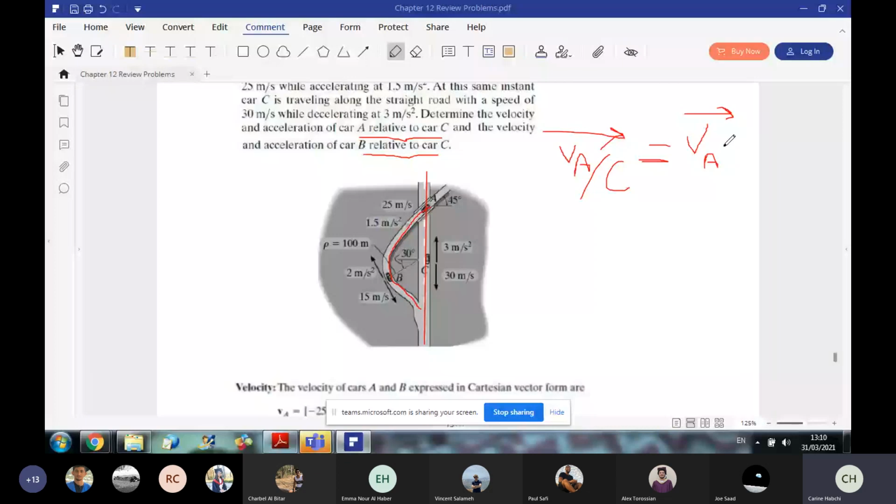When I talk about absolute velocity and acceleration, this means that I am calculating them in a fixed frame. Okay, so if I consider a fixed frame ij, so this is i, and this is j.